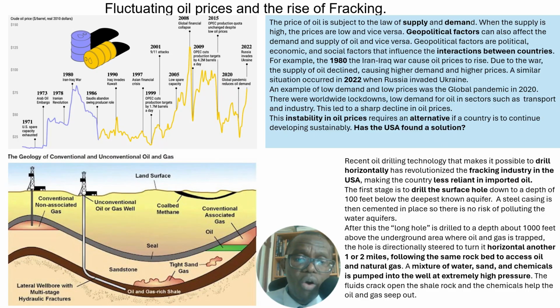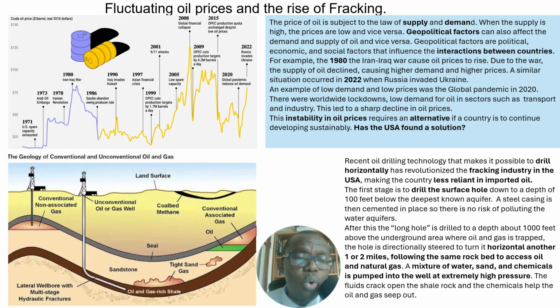Now, this was mainly because there were worldwide lockdowns and therefore there was low demand for oil in sectors obviously such as transport and industry. So that led to a sharp decline in oil prices. Now, as we can see here, there's a lot of instability in the oil prices and they keep on fluctuating.